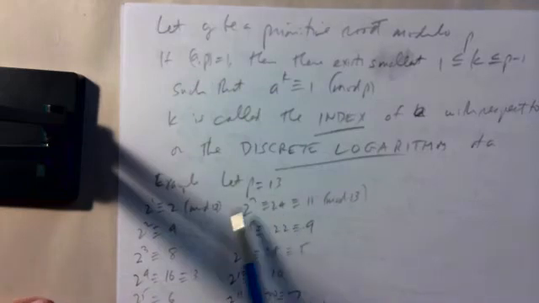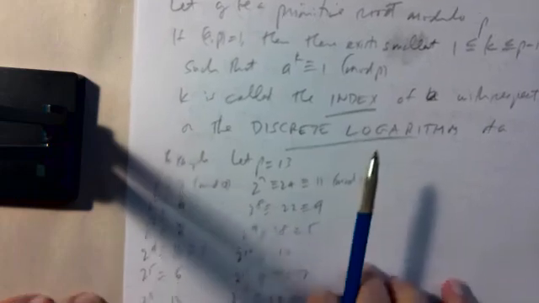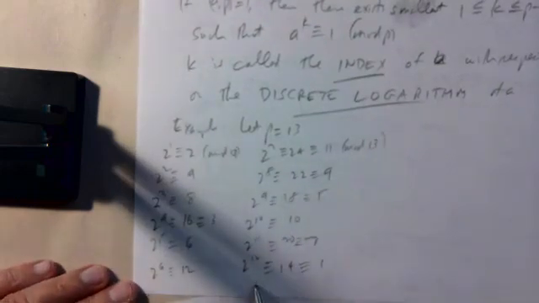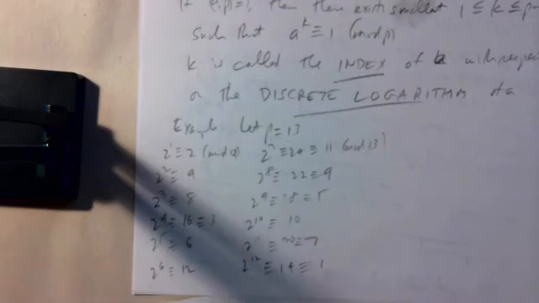So 2 has order 12 mod 13. So 2 is a primitive root.